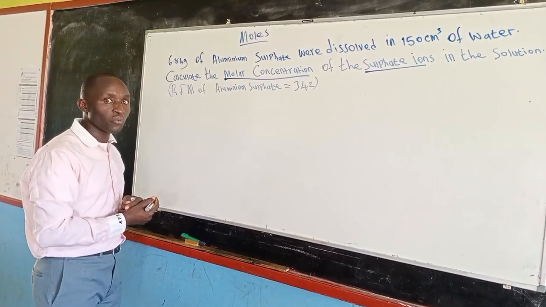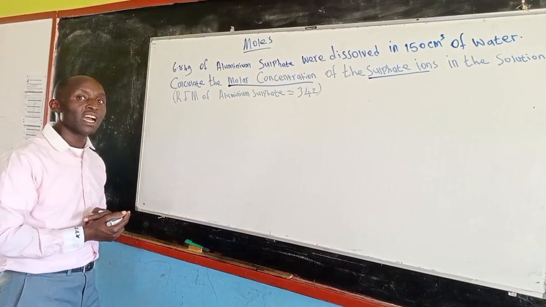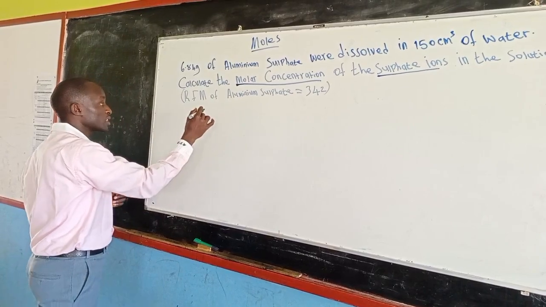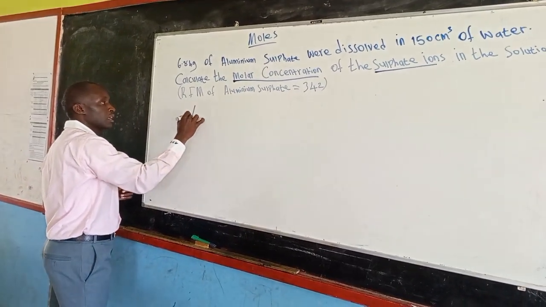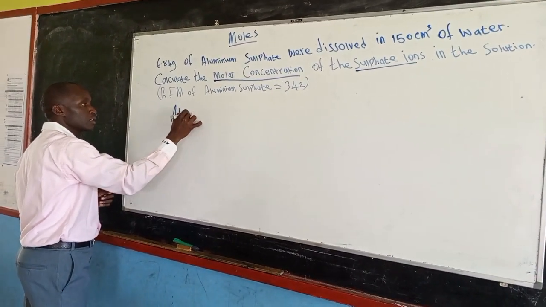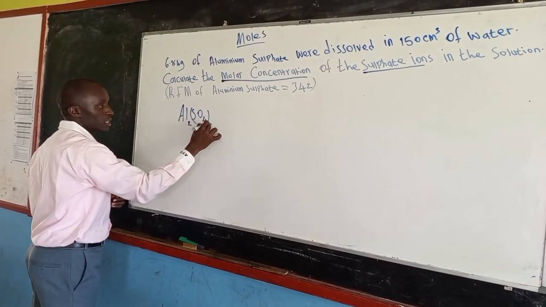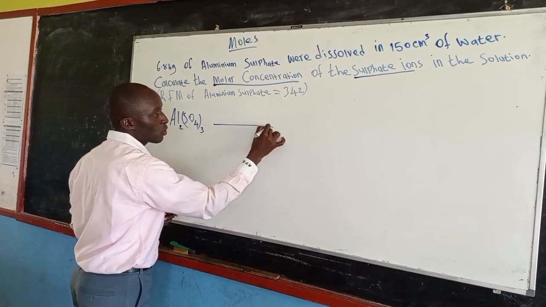Since all sulfates are soluble except lead and barium, this one will dissolve once you put it in water. Therefore, we have aluminium sulfate, Al2(SO4)3, and you put it in water.